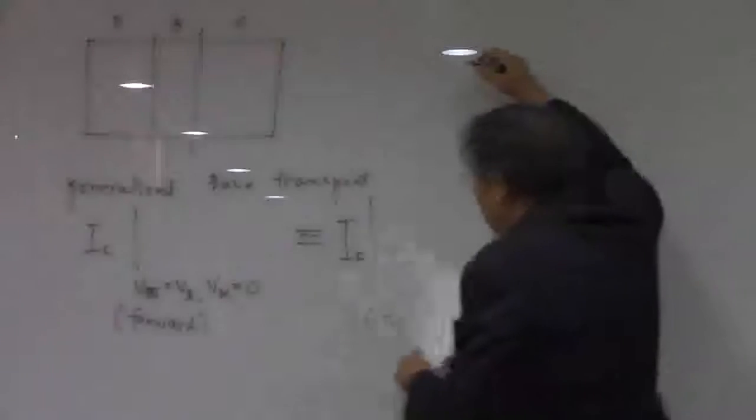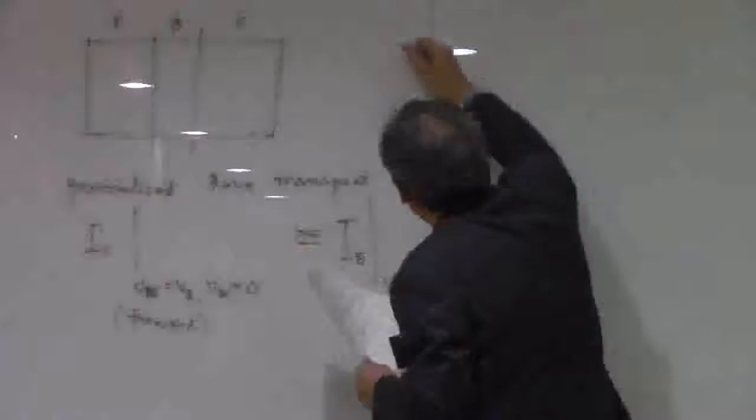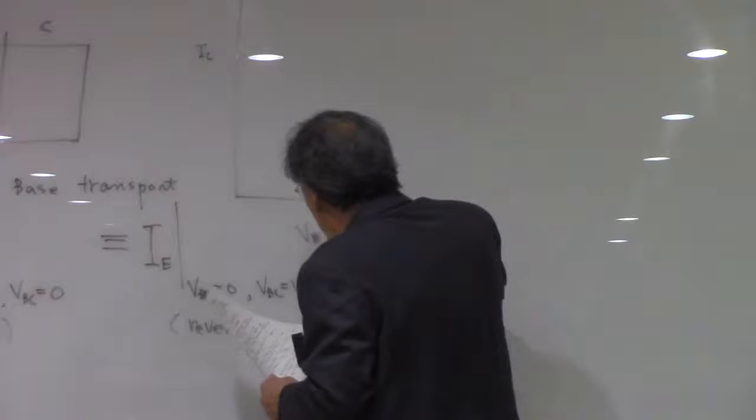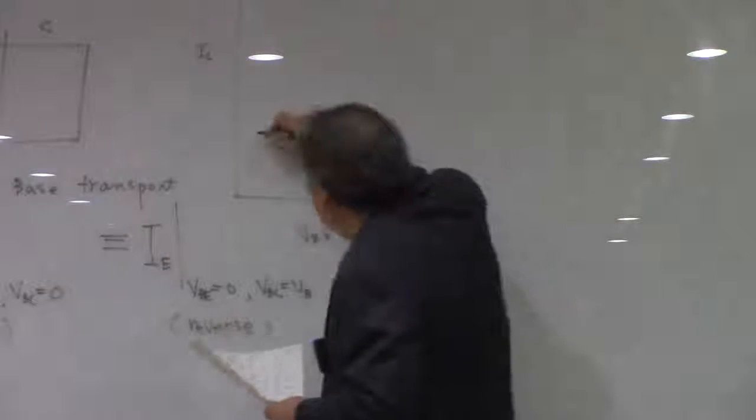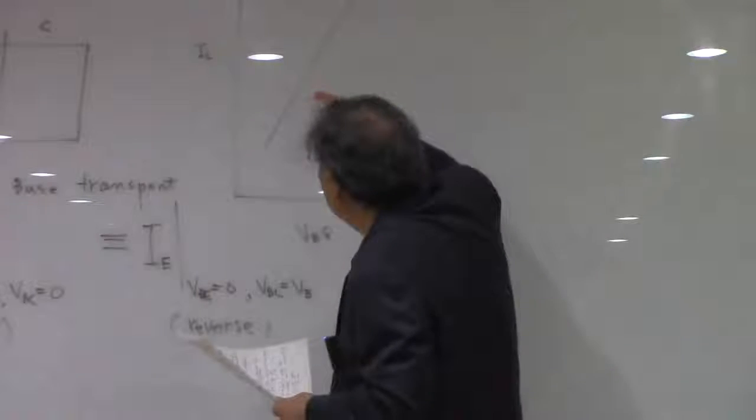Well, what we have done to get the current, the plot that we had seen, the collector current versus VBE, and we have seen that we are going to have a straight line here, right?